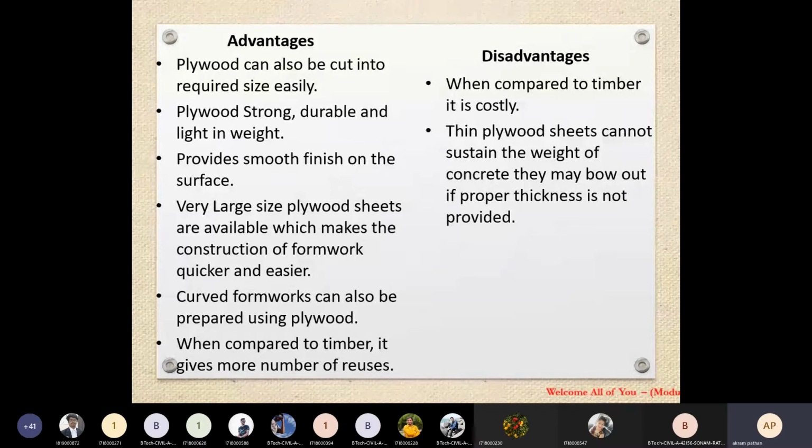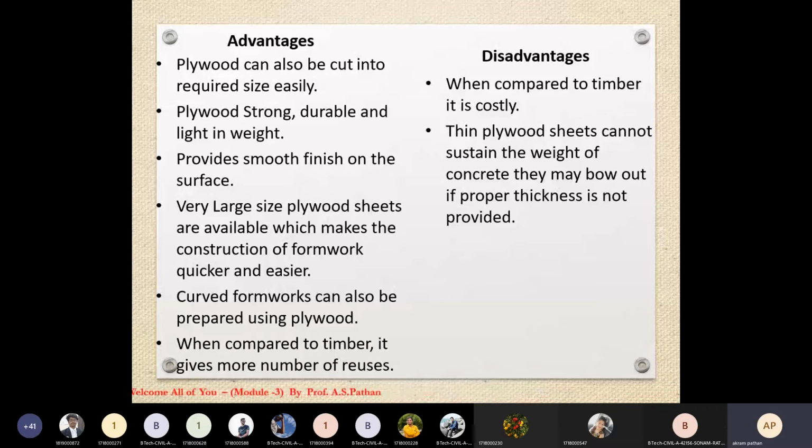Curved formwork can also be prepared using plywood. If you want to construct a dome-type structure or any curved portion, we can do the formwork with the help of plywood formwork. Compared to timber, it gives more reuses.